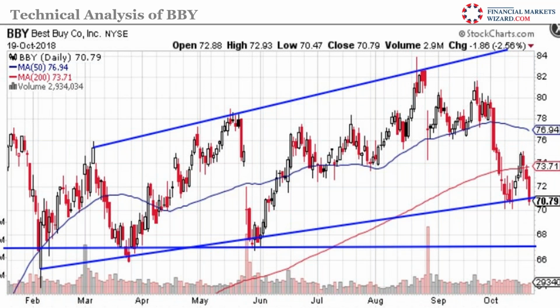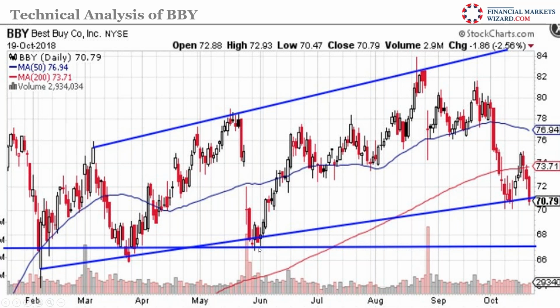Now, Best Buy. Today I went to Best Buy and bought another monitor, but it doesn't mean the stock is going up tomorrow. This one again broke the support line, and it's just sitting at support at 70. If Best Buy starts to move down, I see the support made in June at 67.